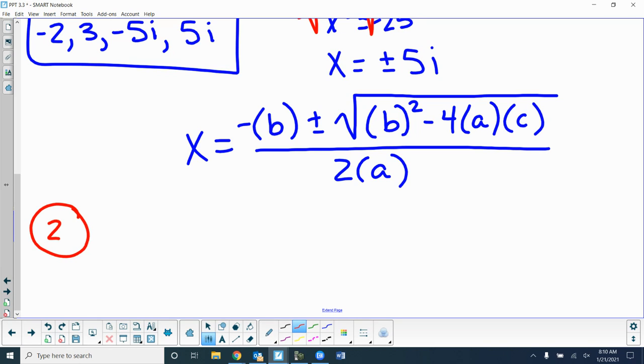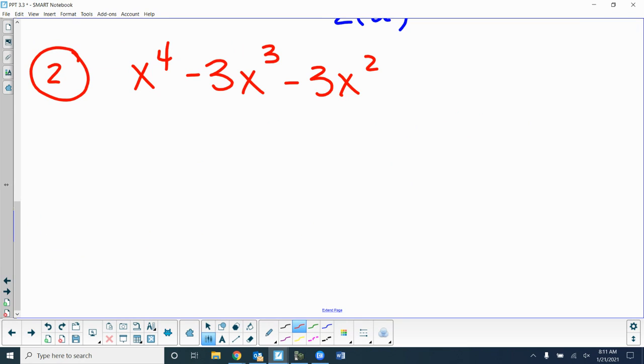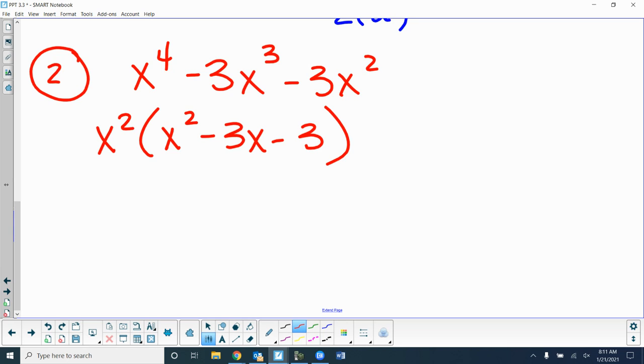All right, number 2. How many zeros again? 4. Now this one, I think will factor. Okay, so I'll go ahead and factor just to do one that way. The GCF is x squared. And then I'll get x squared minus 3x minus 3.